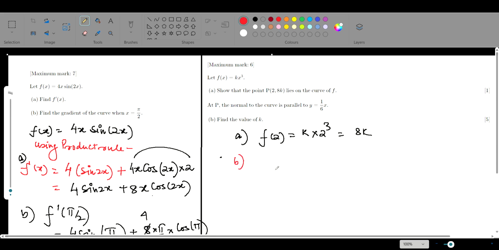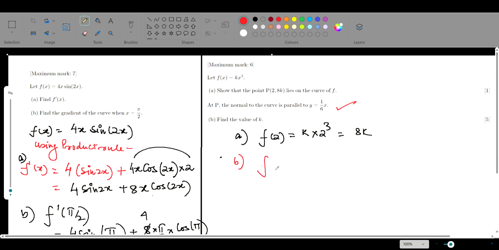If you do part B, at P the normal to the curve is parallel to the line y is equal to 1 by 6x. So what do I need to do?